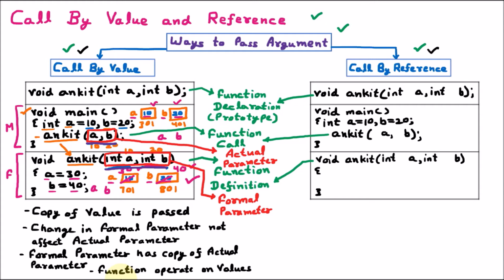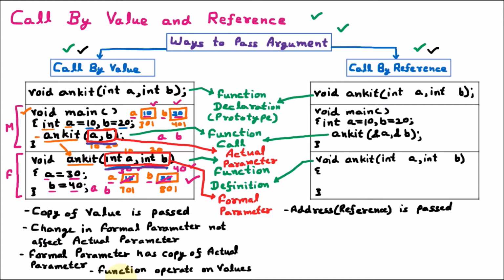So here very first thing you understand that in the call by reference, address or reference is passed. So here we are not passing simply A and B, we are writing the ampersand operator here. This is the address operator. So here we are passing the address.